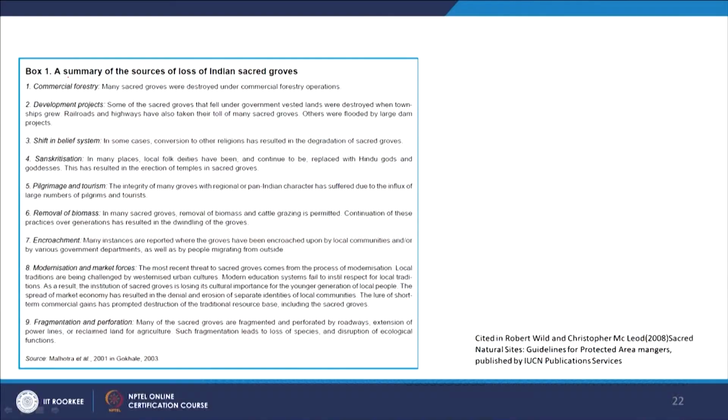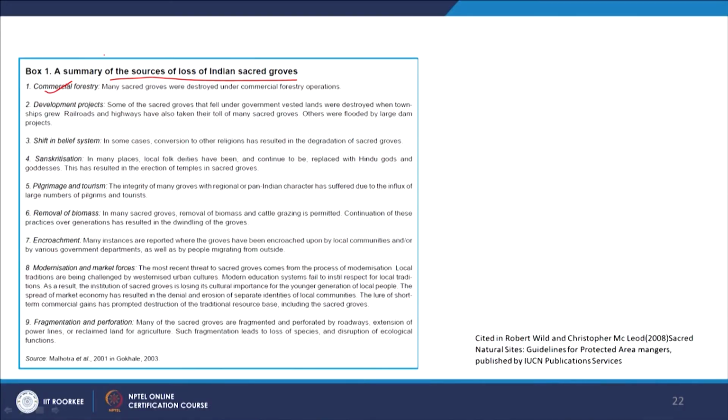A small example from the Millennium Ecosystem Assessment talks about the sources of loss of Indian sacred groves. One is commercial forestry, because they're destroyed under commercial forestry schemes and development projects.